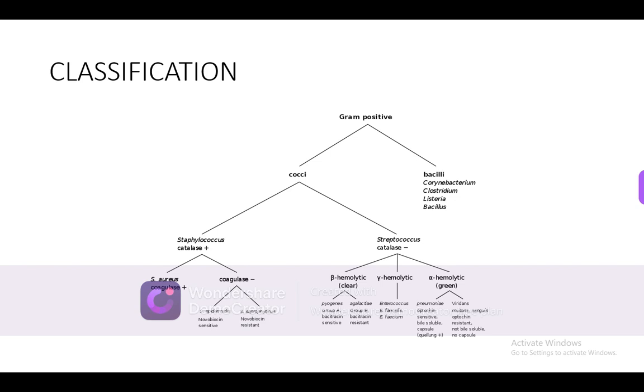Just to remind you that there are alpha hemolytic streptococci: Streptococcus pneumoniae, Streptococcus viridans, which includes mutans or sanguis. These are important organisms as far as vegetative endocarditis is concerned.